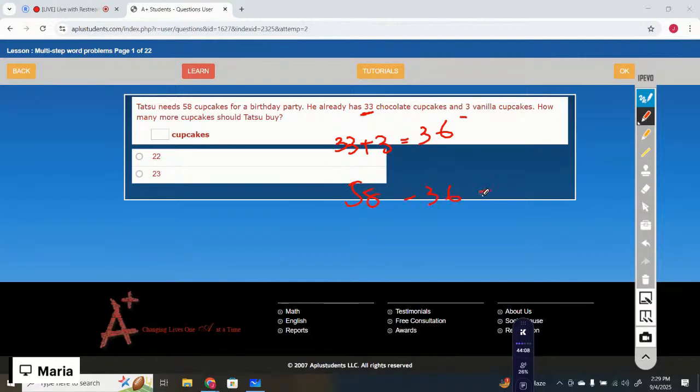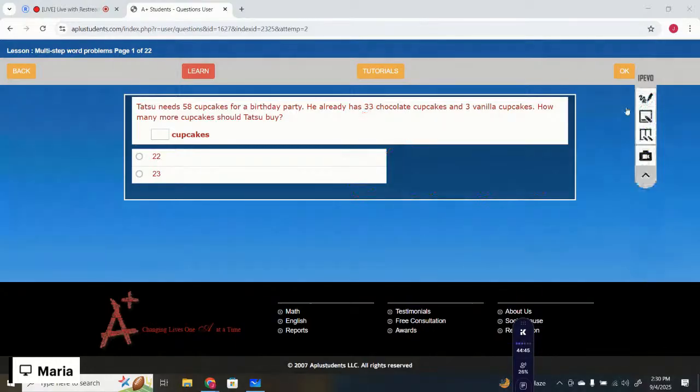So 58 minus 36. That is 8 minus 6 is 2, so 22. Option number 1 is the correct option.